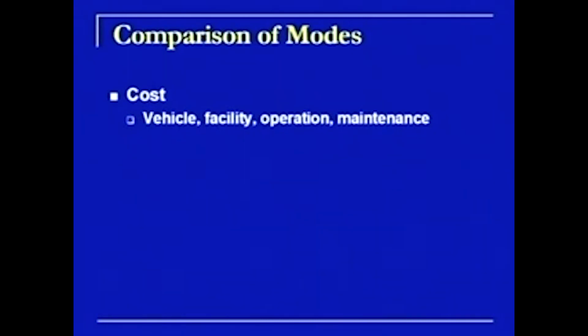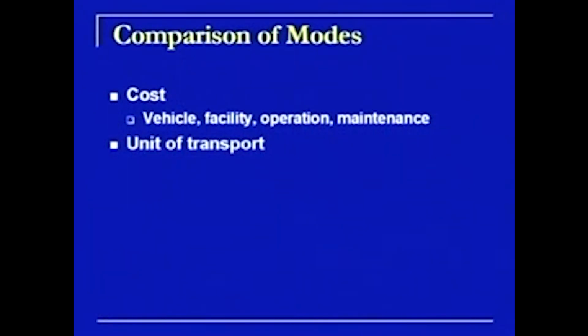When we look at the cost of provision of a system, it is in terms of the cost of vehicles, the cost of the fixed facilities which need to be provided, the operation over those facilities, and finally the maintenance of those facilities. Therefore, we have to look at the total cost component, the summation of all these things which have been shown here.